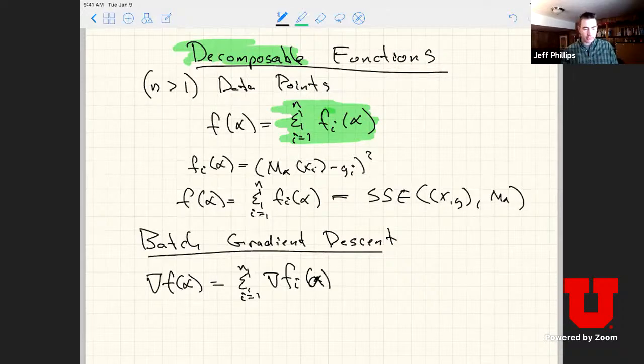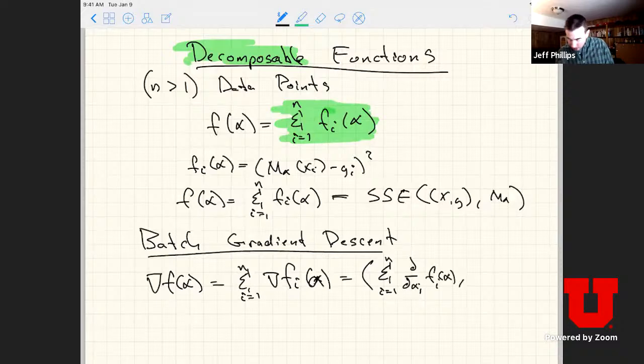In fact, I can push this into the partial derivatives. So this is equal to the sum from i equals 1 to n of the partial derivative with respect to alpha_j of f_i of alpha.